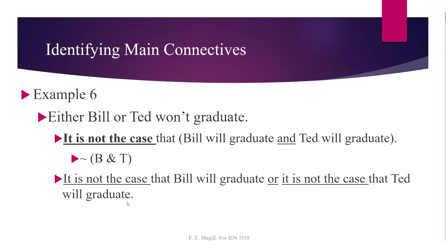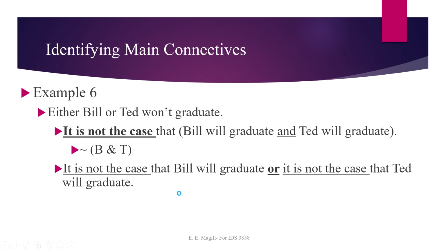So we can symbolize it like this. It's not the case that B, or it is not the case that T. As I mentioned earlier in our first example in this video, it's accepted practice to drop parentheses outside of a negation. But if you're confused or unsure of when to drop them, you won't be penalized for including them like this.